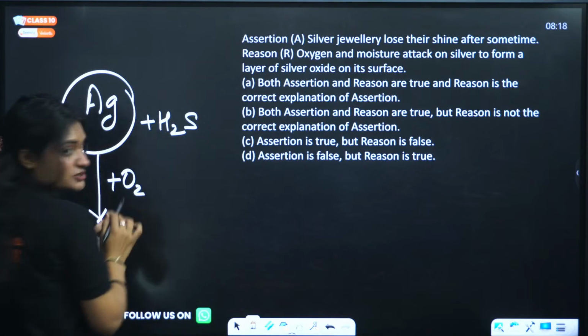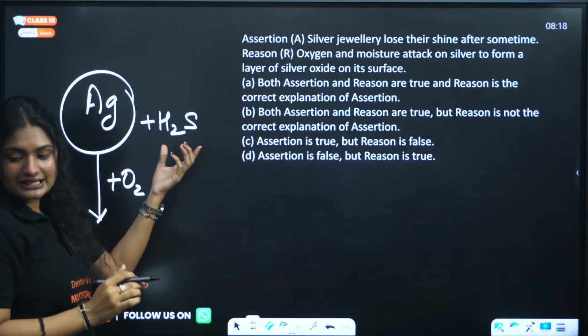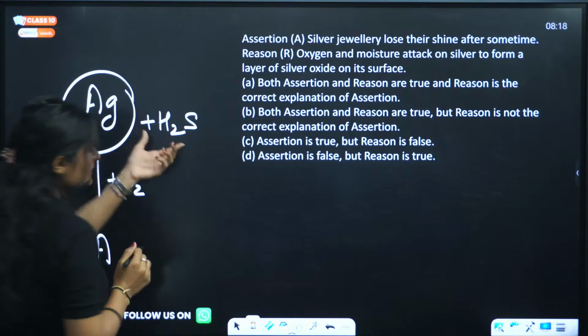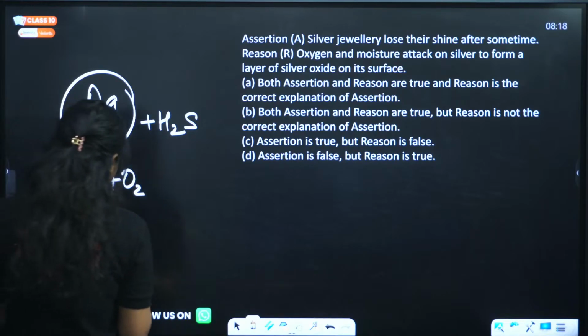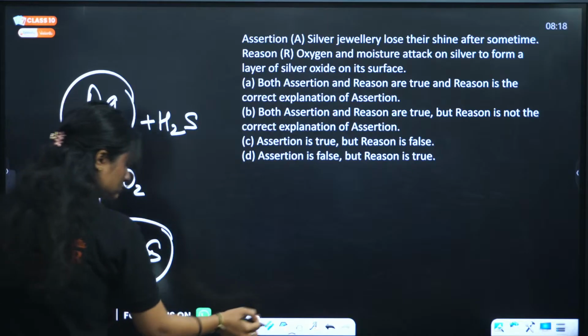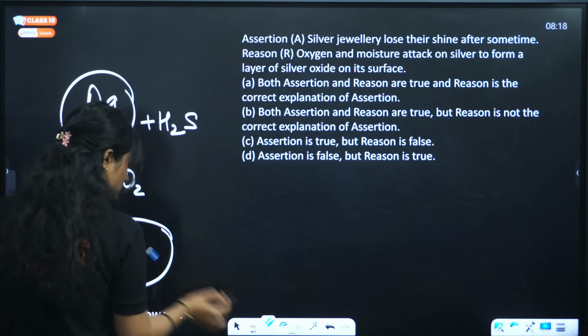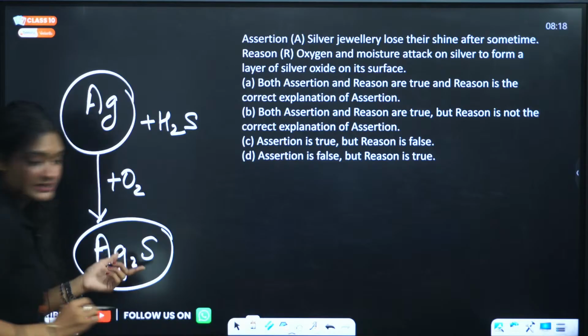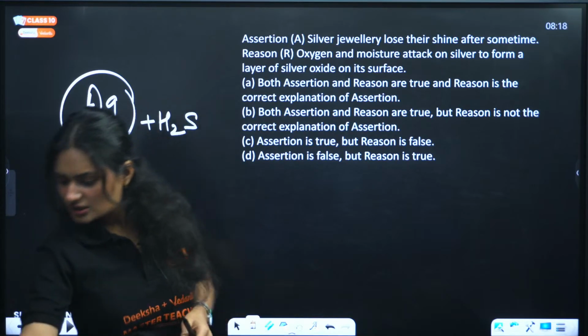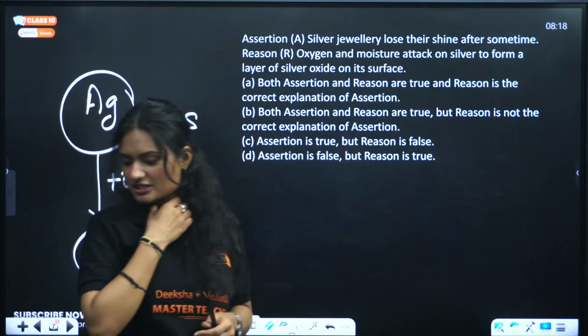Yes, there is oxygen there, but it majorly reacts with the hydrogen sulfide and forms silver sulfide. Yes, silver sulfide.